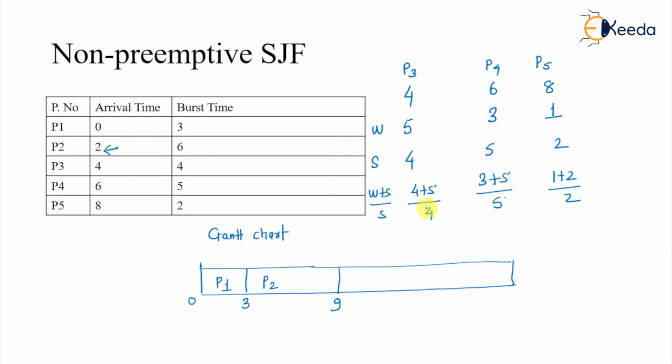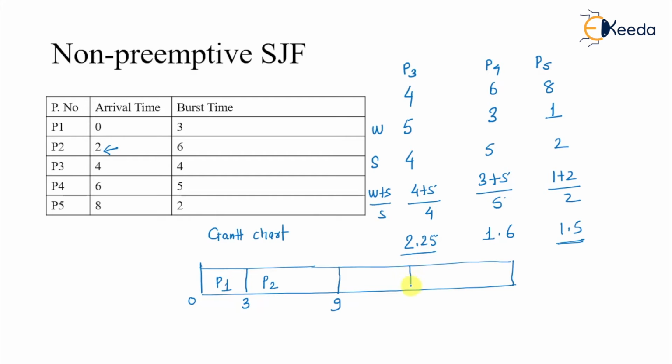So this becomes 9 by 4, which is 2.25, then 8 by 5, which is 1.6, and then 1.5. Among these processes, P3 has the highest response ratio, so we are going to schedule P3 here.